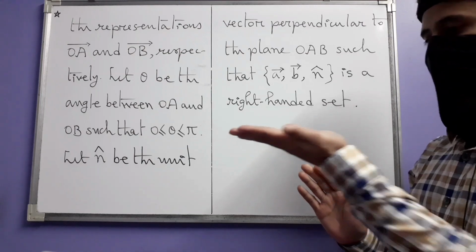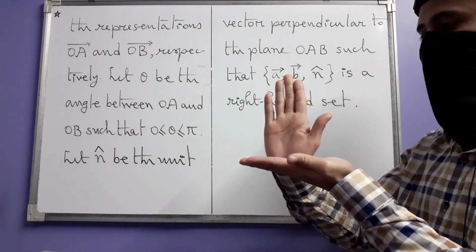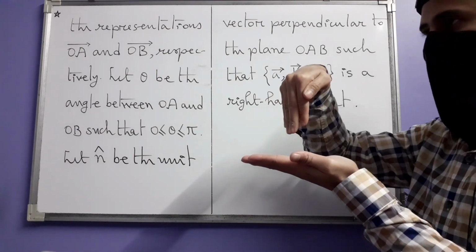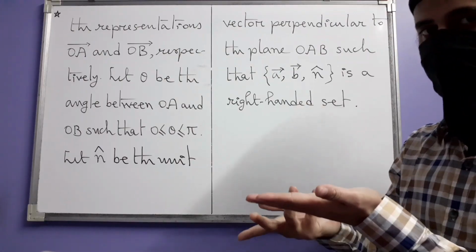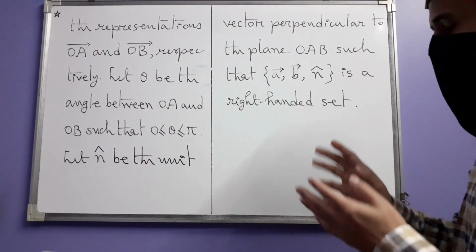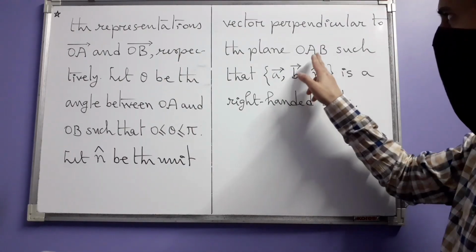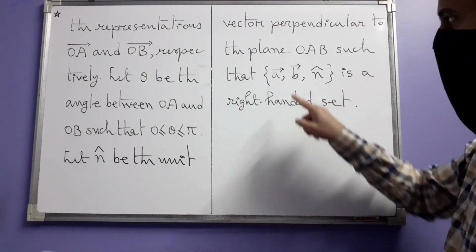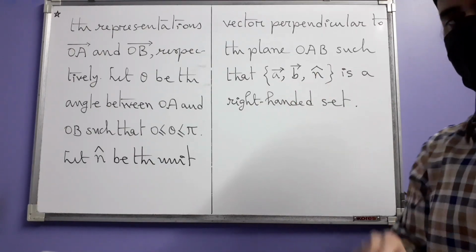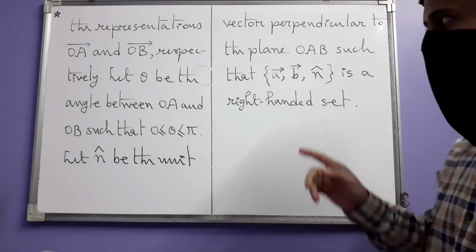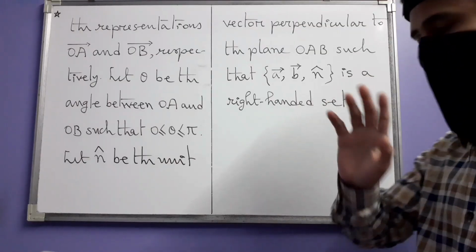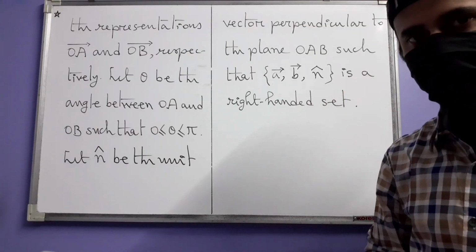So if the plane is like this, n hat may be pointing in this direction or it may be pointing in that direction. So there is an ambiguity. However, the ambiguity is gone once you specify this also, that A, B and n hat, when considered in that order, have to form a right-handed set of vectors.